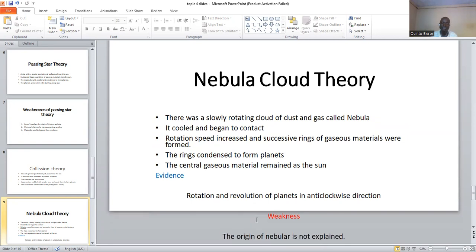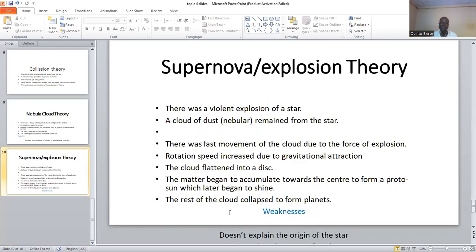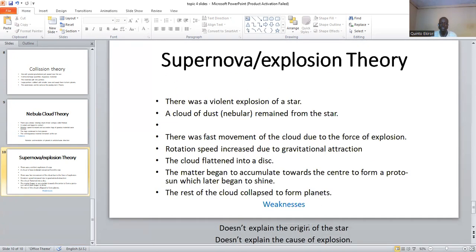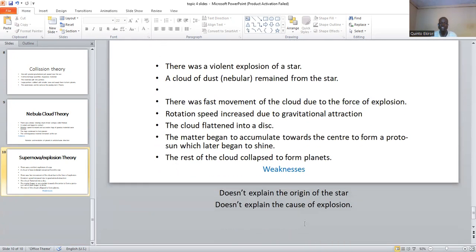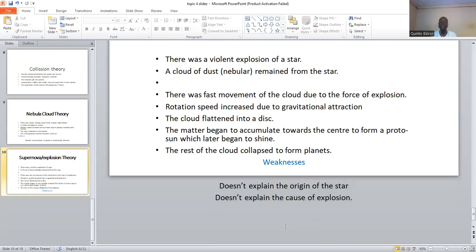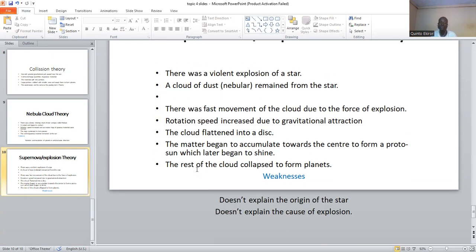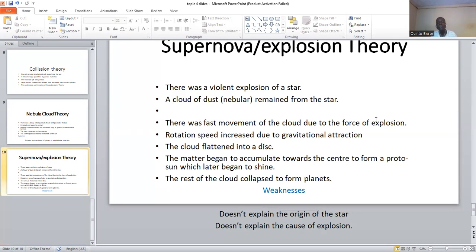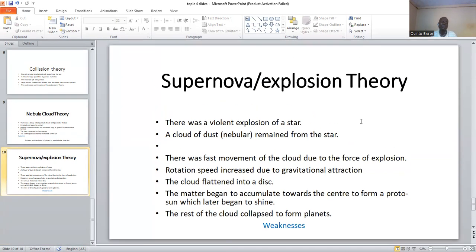What are the weaknesses of nebula cloud theory? It doesn't explain the origin of a star, like the passing star theory.